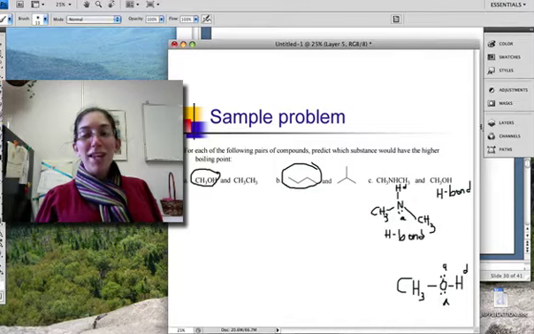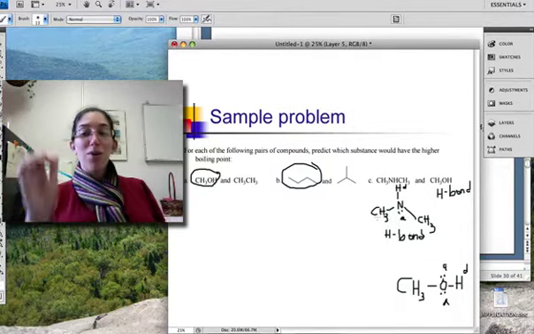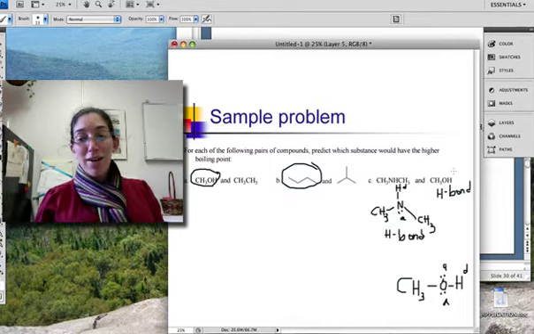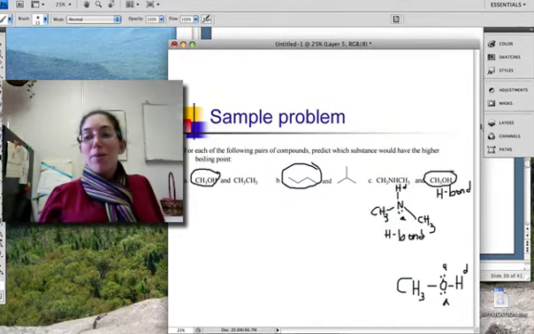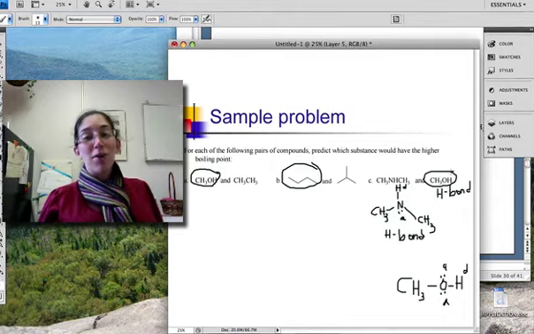So it can have 3 hydrogen bonds, whereas this molecule can only have 2 hydrogen bonds with other molecules. So the winner here, the higher boiling point, would actually be the methanol, because it can engage in slightly more hydrogen bonding than this one.